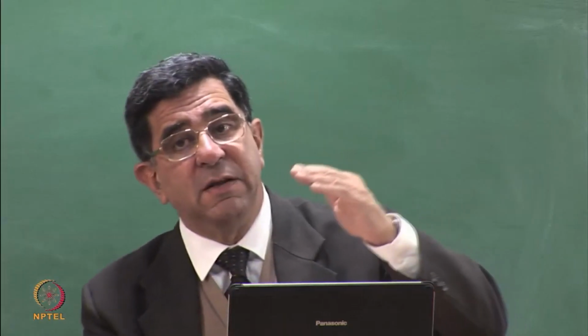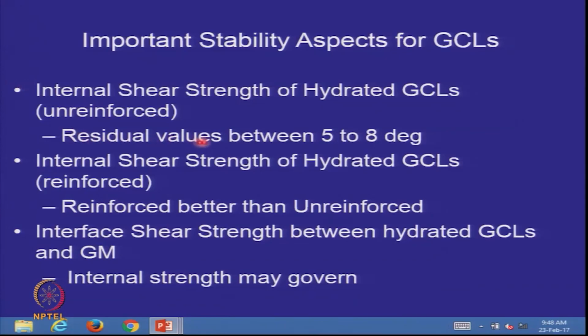Well, if the geomembrane is rough and the geotextile on top of that has a significant angle with the geomembrane, what normally is observed is internal strength will govern, which is this one. So the interface may not become critical if the internal strength is low. If it is a reinforced GCL, then the interface may become critical, and you have to ask the manufacturer, or you have to perform laboratory tests where you hydrate the GCL and slip the membrane over the GCL.